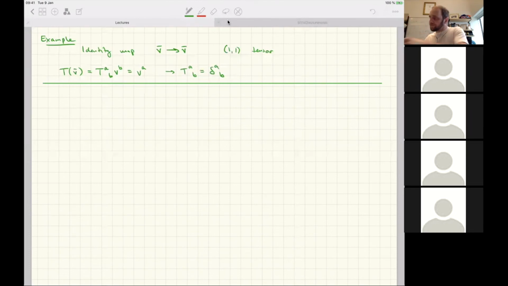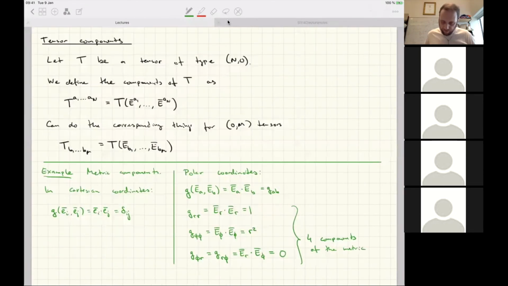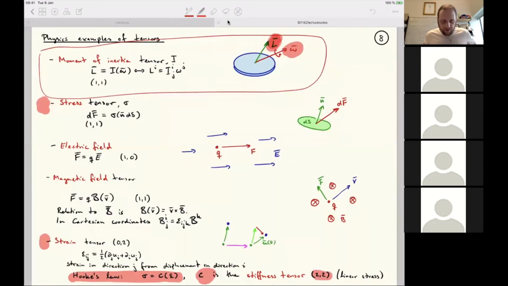Yeah, I had one. Can you go back to the previous slide, please? The one with the tensors? No, sorry, the one with, yeah, exactly this one. The permutation symbol. Is that a tensor? Yes and no. In Cartesian coordinates, it's the components of a tensor, or a pseudo tensor, because if you change the handedness, it changes sign. It's a little bit tricky.